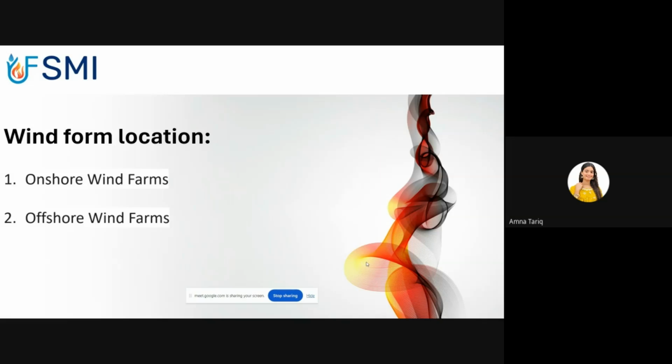Here we also discuss low frequency noise from wind turbines. The major issue created by the wind turbine is the noise. One of the major concerns with the wind turbine is the low frequency noise generated by the rotating turbine.